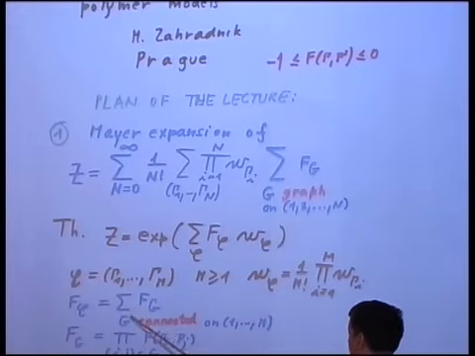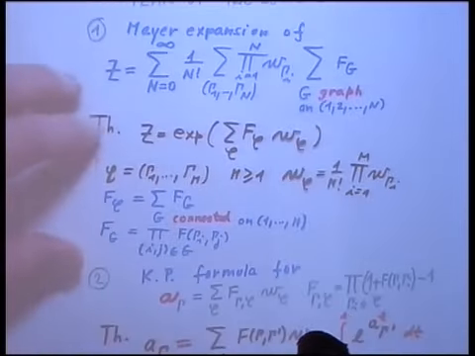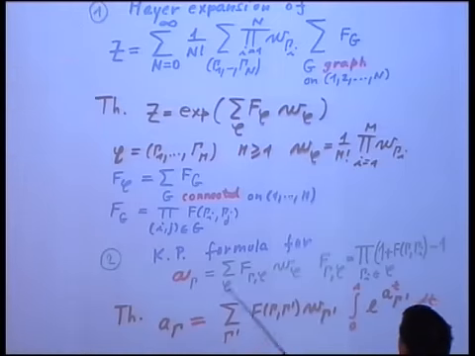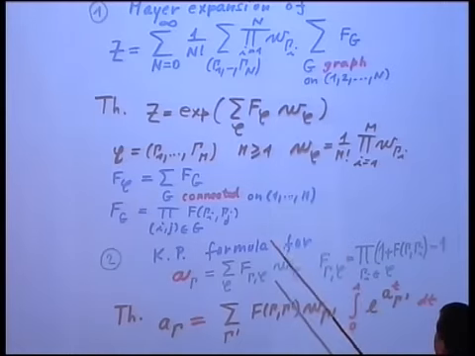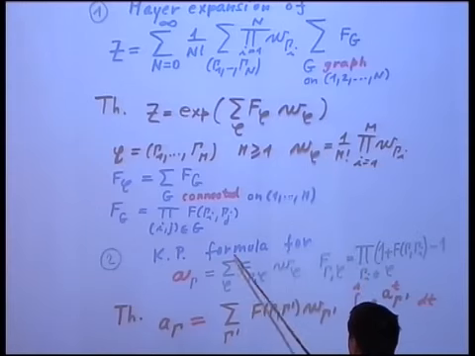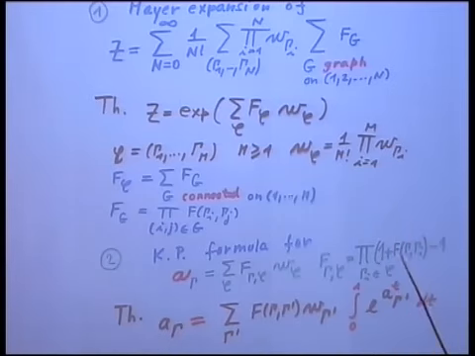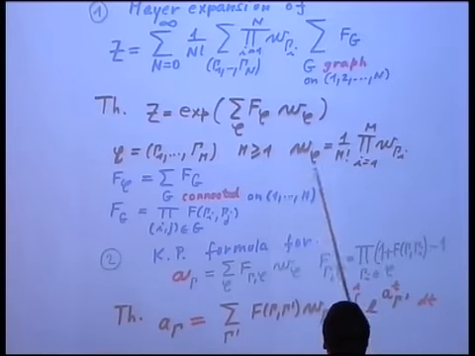F is sum over all connected graphs. Okay, so this is Meyer expansion. It was already explained here. Our next step will be to estimate, to give some relations for convergence of this cluster expansion sum.